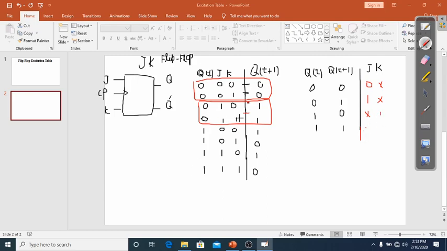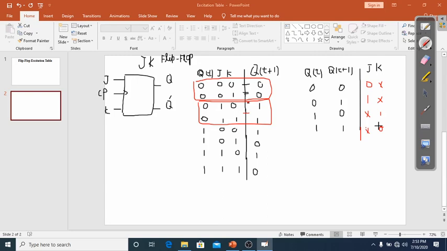When present state is equal to 1, next state is equal to 1, here J could be a 0 or J could be a 1, so I will use don't care, and K is always 0.